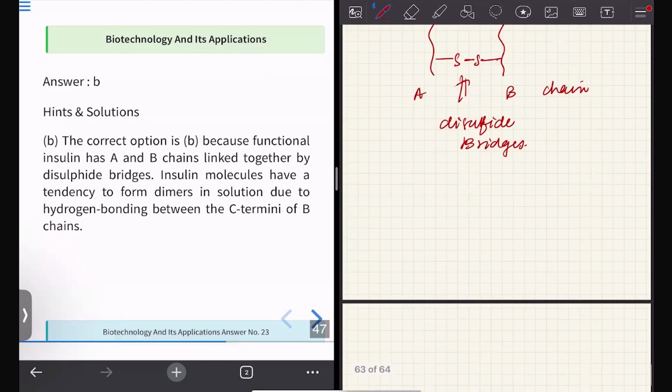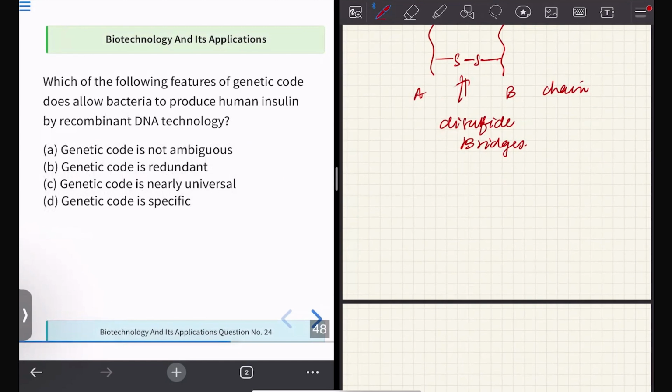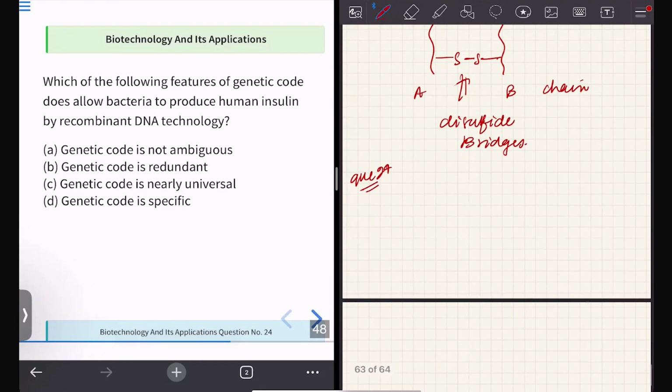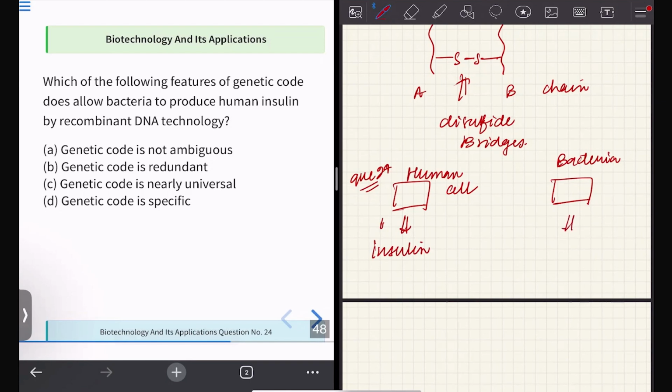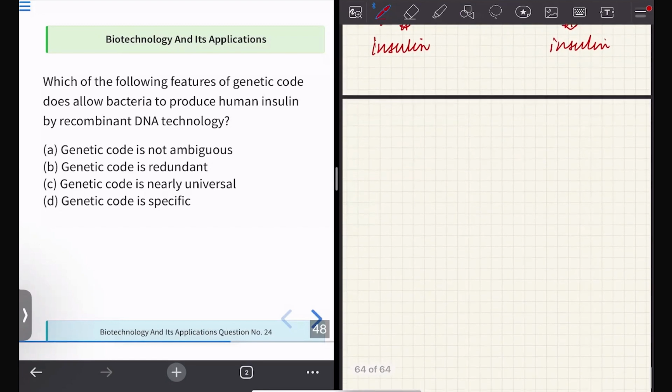Okay. Moving on to the next one, we have question number 24. Which of the following features of genetic code allows bacteria to produce human insulin by recombinant DNA technology? So, this is a human cell and this is a bacteria. Both of these can produce insulin only when the particular gene is present. Why is this? Because genetic code is universal.